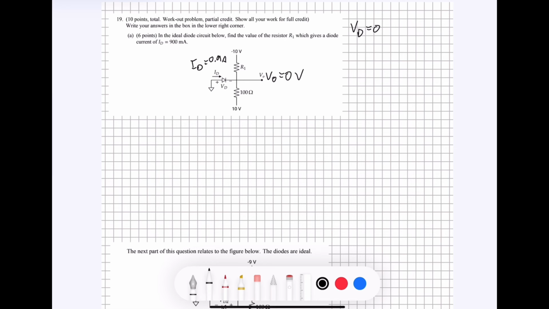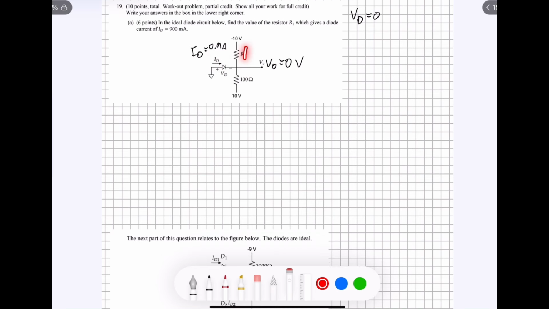Next, because we ultimately want to solve for this resistor here, since we already know the current coming in from the diode, we can solve for the current coming in from this resistor, and that will give us the current across here, and then we can use Ohm's law to solve for the resistor.